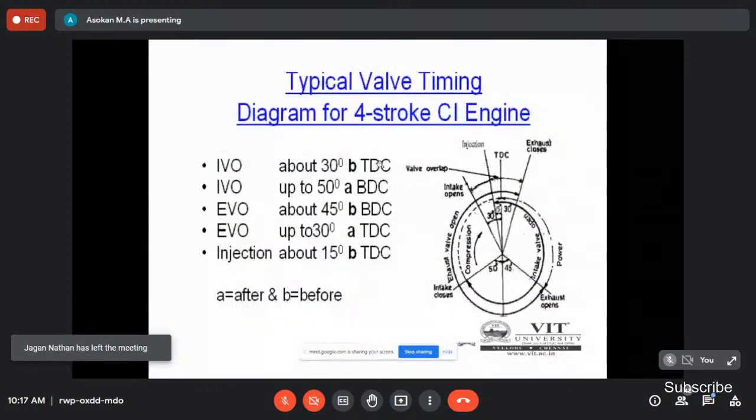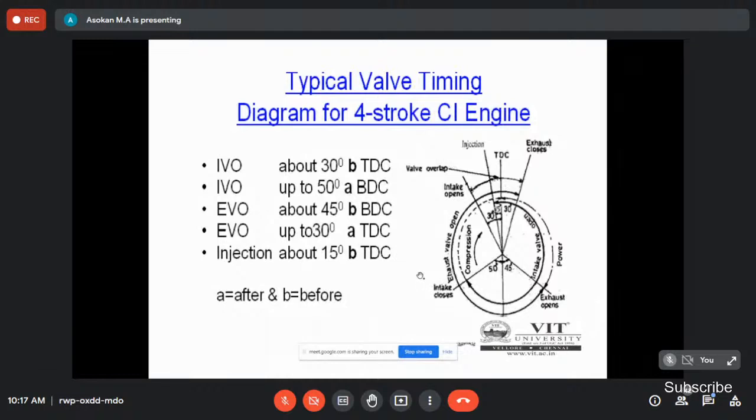Well, this is the typical valve timing diagram for a four-stroke CI engine. See, the inlet opens 30 degrees before TDC, but in case of an SI engine, it is 10 degrees before TDC. Here, ultimately because of the more amount of fuel, we need more amount of air. The injection starts at 15 degrees before TDC.